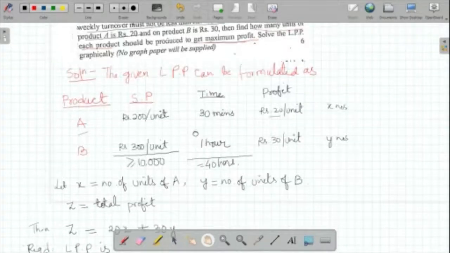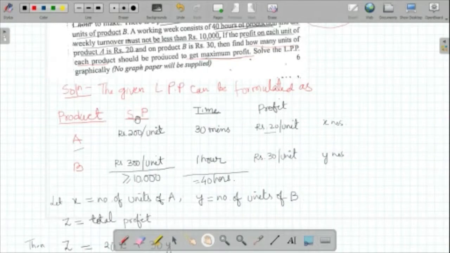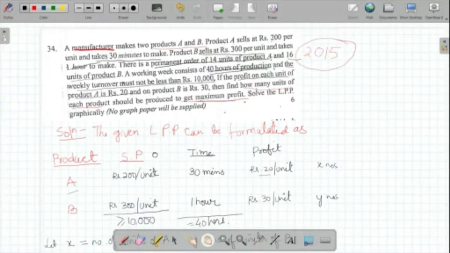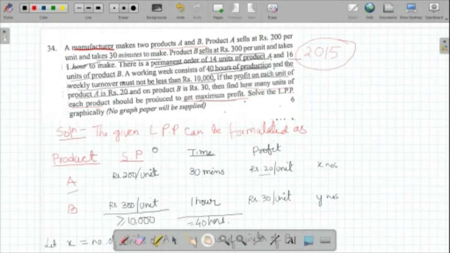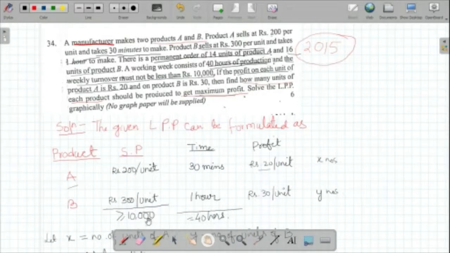the turnover should be greater than or equal to how much? Greater than or equal to 10,000. All right.